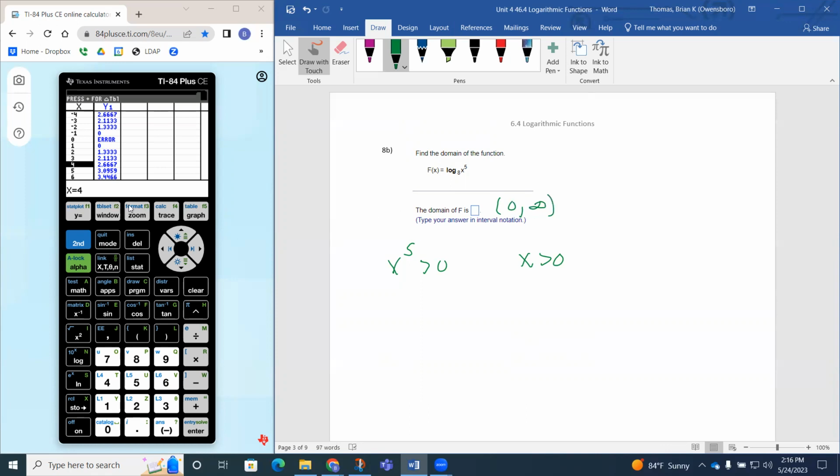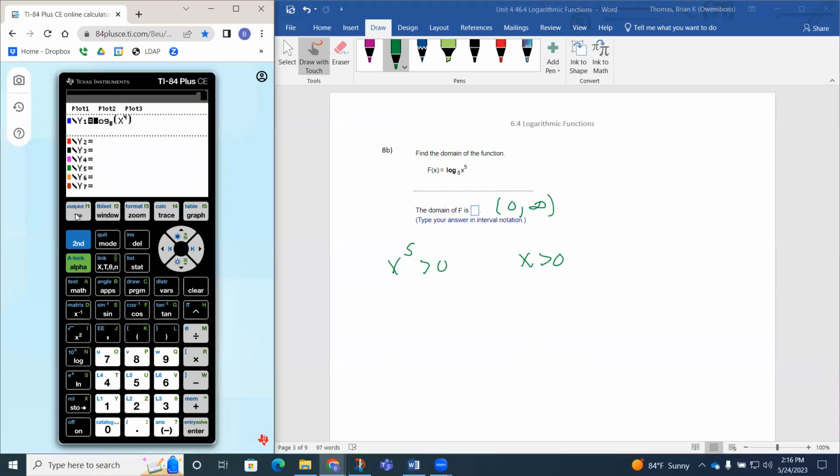So if I look at my graph or my table, if you will, so if I have y equals, if I change this exponent to a 5, that looks good. If I go back to the table, notice that 0 would be an error, and notice that all negative numbers are errors.